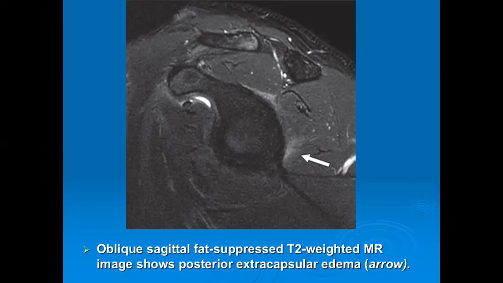But in fat suppressed, the brightness or hyperintensity will be just from the liquid medium present there. So again, this is the edema, which we can see here as cloudiness in the T2 weighted images on the posterior side of the joint.